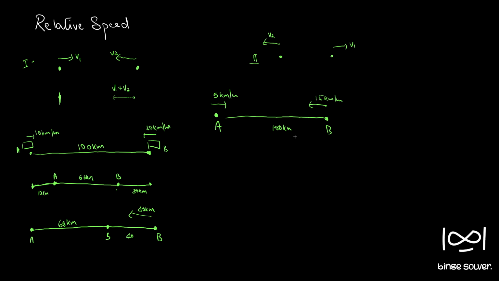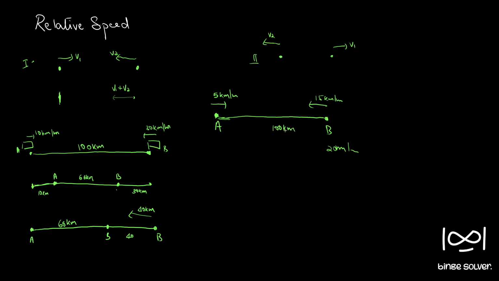At what time do they meet each other, or at what location? When we use relative speed, we will assume that A is stationary. We can assume B is stationary also, it doesn't matter. So we assume one car is stationary and add the velocity to B. So B is now traveling at 15 plus 5, 20 km per hour.